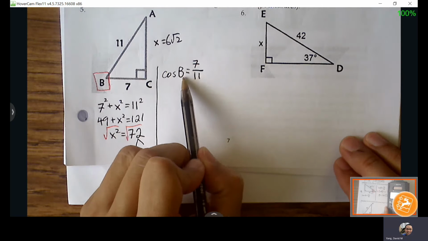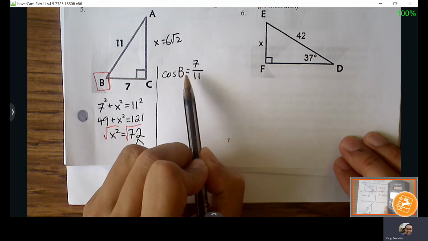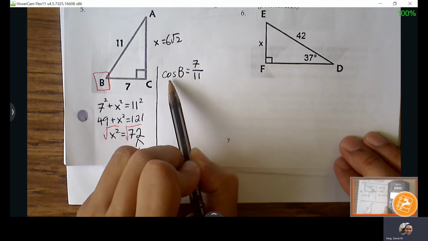Now you notice that the variable we're looking for is an angle measure. We can't cross multiply. We've got to involve inverse cosine.